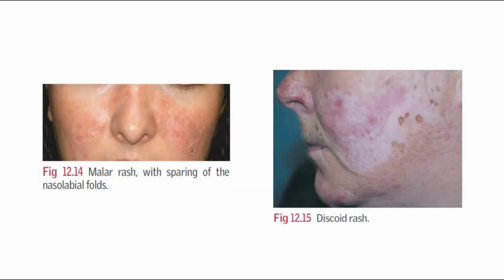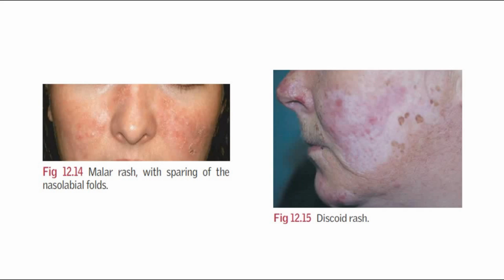Let's take a look at the rashes. So this is a picture of malar rash, where there is fixed erythema, either flat or raised, over the malar eminence, and they spare the nasolabial folds. So this is malar rash, which is a significant finding for SLE.